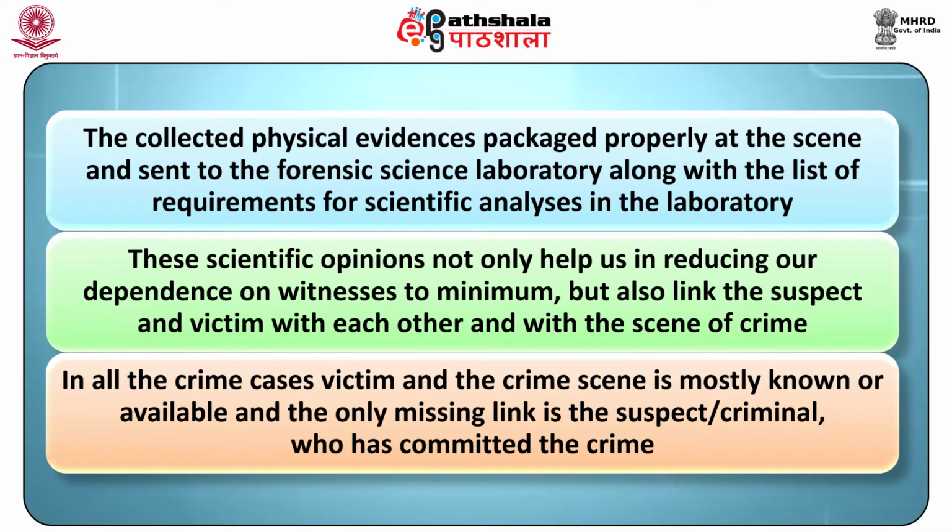These scientific opinions not only help us in reducing our dependence on the witnesses to a minimum, but also link the suspect and the victim with each other and with the scene of crime. In all crime cases, the victim and crime scene are mostly known and available, and the only missing link is the suspect or criminal who has committed the crime.